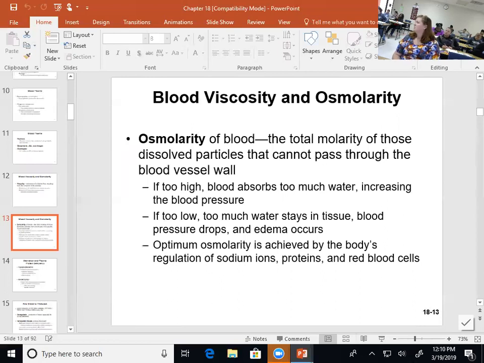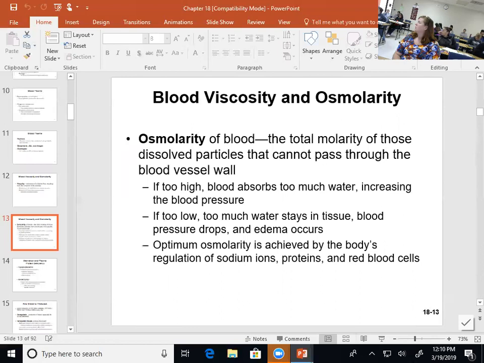If you have edema, it says your blood pressure is down, because water has been lost from your bloodstream into your tissue spaces. So water is moving from your bloodstream into your tissue spaces, blood volume is going down, so blood pressure is going down.